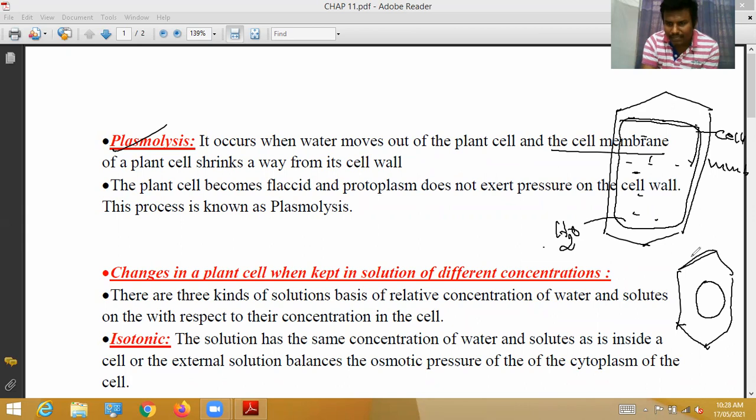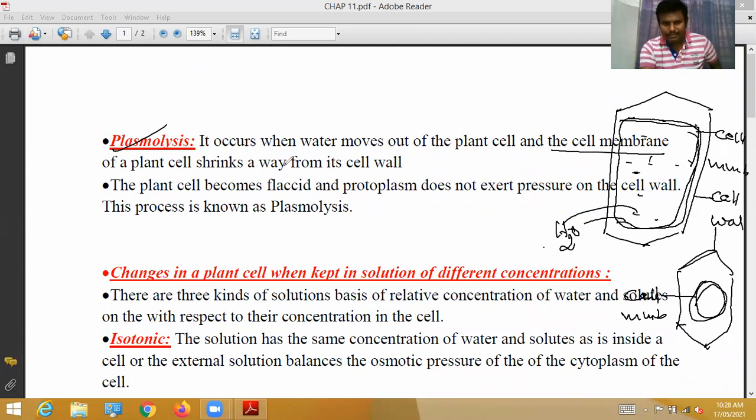The cell membrane shrinks like this, away from its cell wall. This is the cell wall and this is the cell membrane.